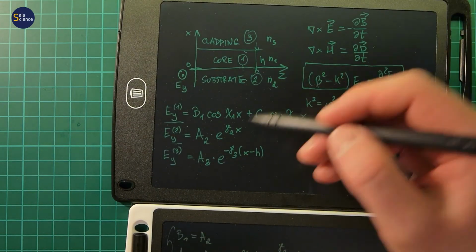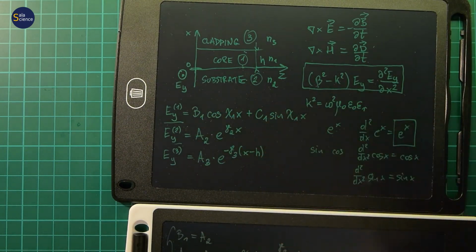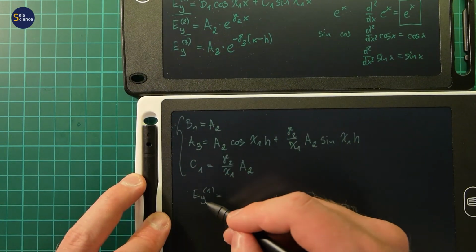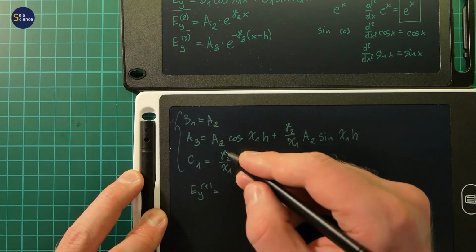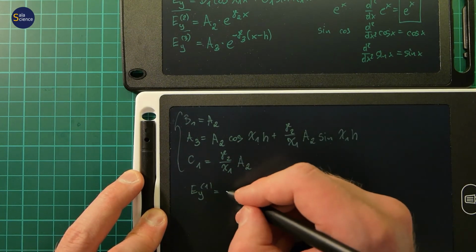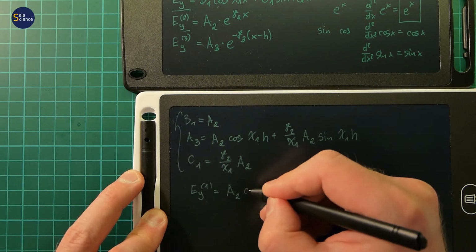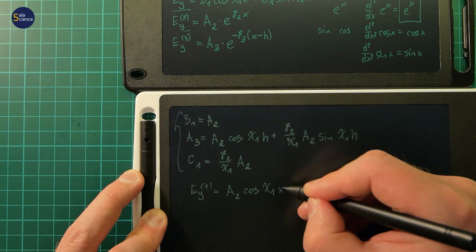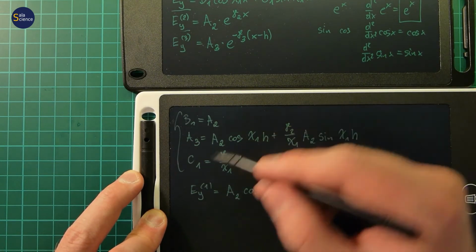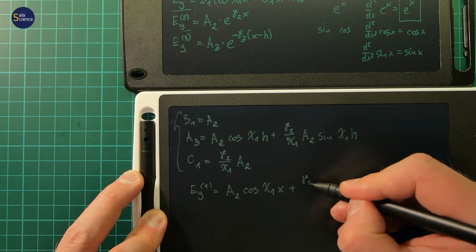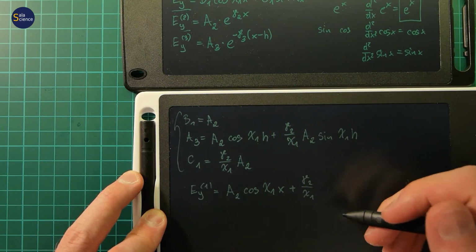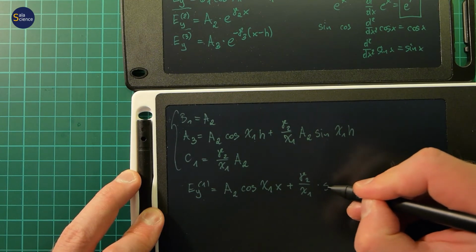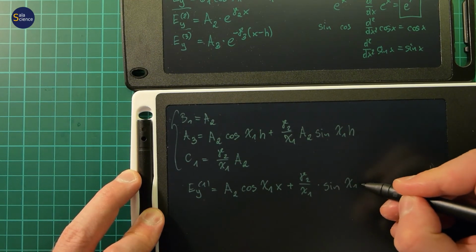So now let's rewrite these three equations, substituting these constants. Ey in the first region equals B1, which is A2, cosine chi 1 x plus C1, and C1 is gamma 2 over chi 1, times sine chi 1 x.